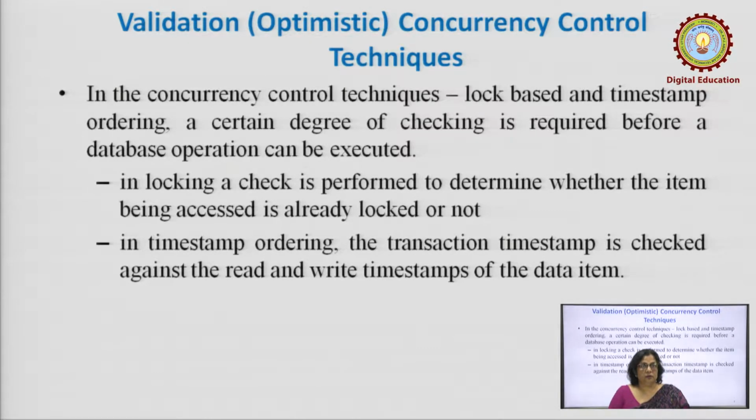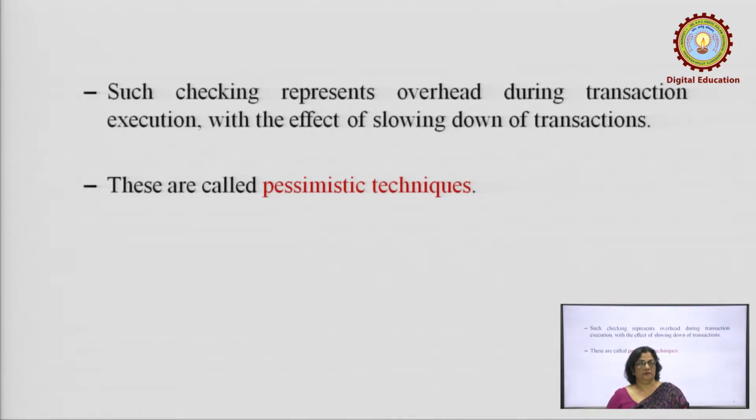This checking includes a check to see whether the data item is already locked or not in the locking protocol, and in the timestamp ordering protocol, the transaction timestamp is checked against the read and the write timestamp of the data item that is being accessed. Such checking represents overhead during the transaction execution with the effect of slowing down the transaction, and hence these techniques are called the pessimistic techniques.